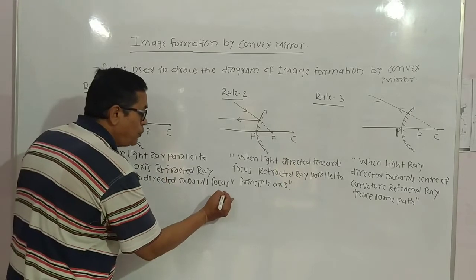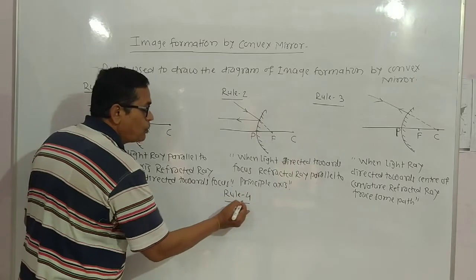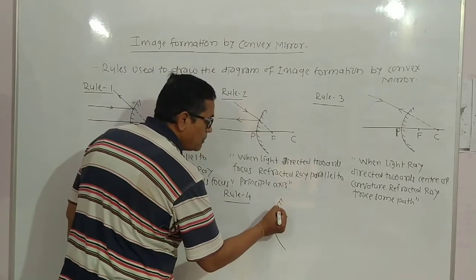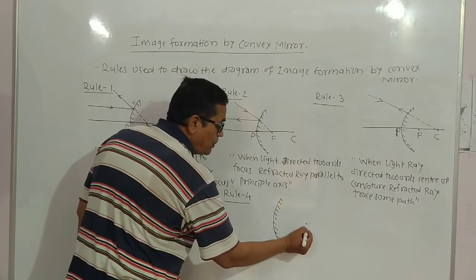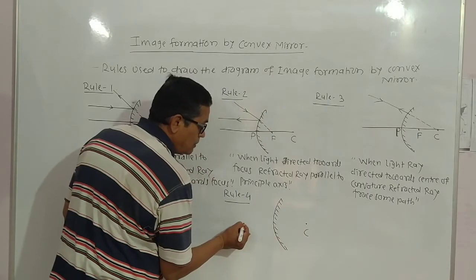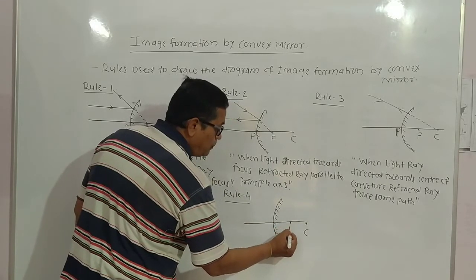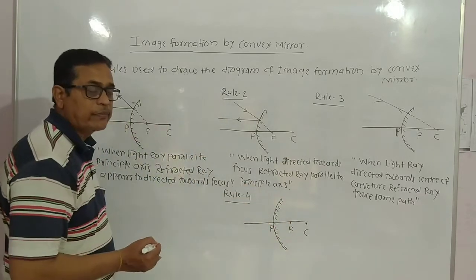Then rule number four. Here is the convex mirror, the center of curvature, the principal axis, the focus, and the pole of the mirror.